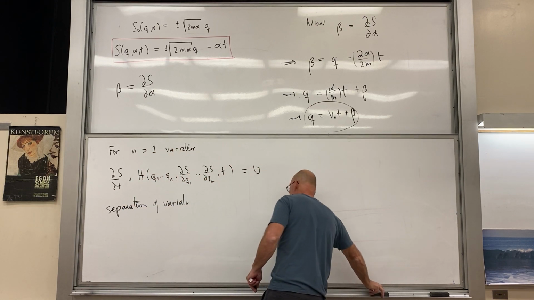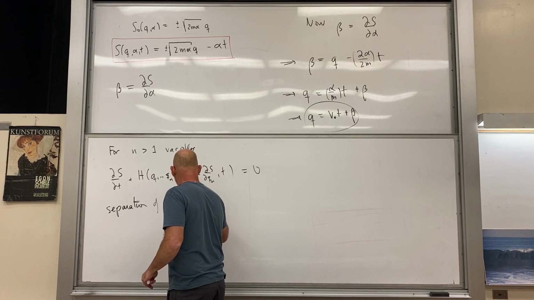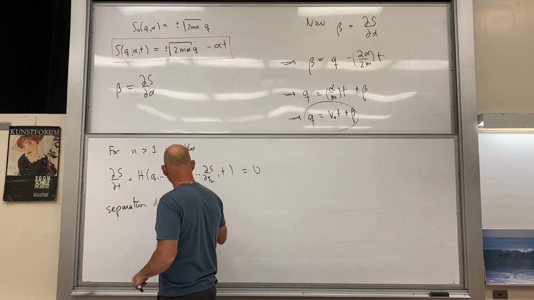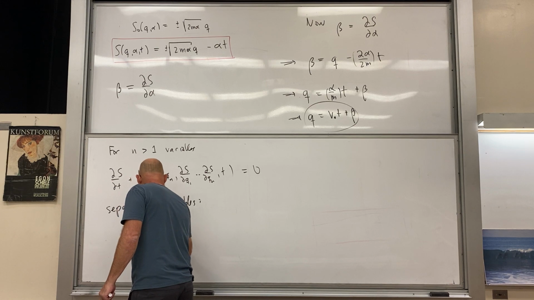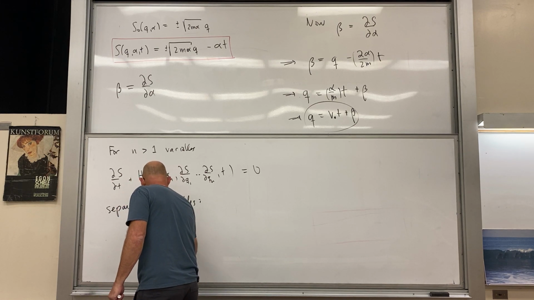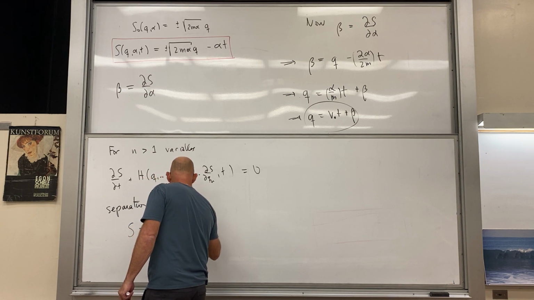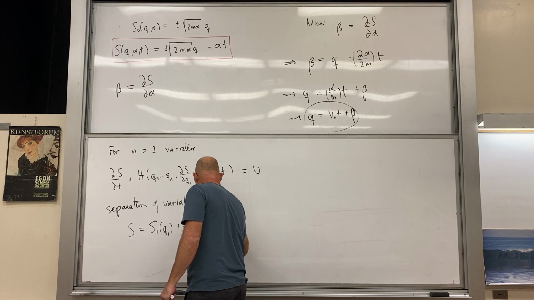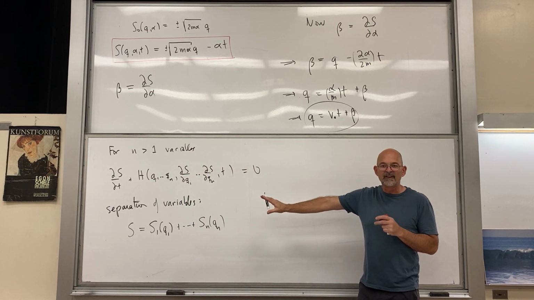What we're trying to do then is separate S into S sub I, well, I'll just write them out: S sub 1 of Q sub 1 all the way down to S sub n of Q sub n. This is our goal, to separate variables in this form.